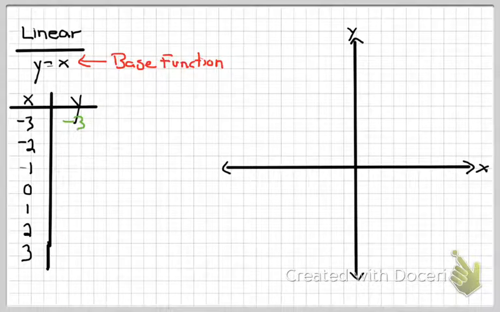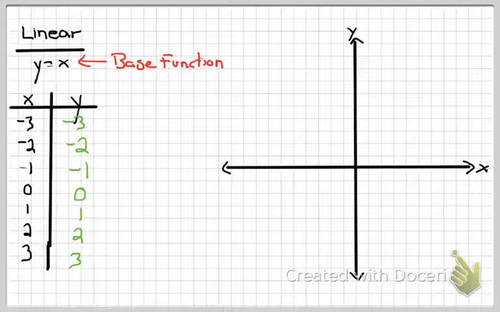When x is -2, y would be -2. -1, -1; 0, 0; 1, 1; 2, 2; 3, 3. That's just found by subbing in, and we see that y is equal to x. So whatever the value of x is in a linear function, y is going to be the exact same thing.